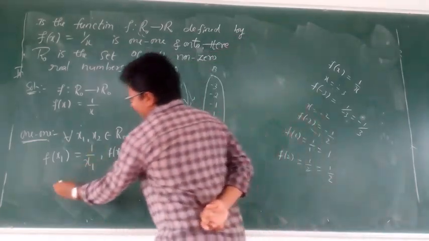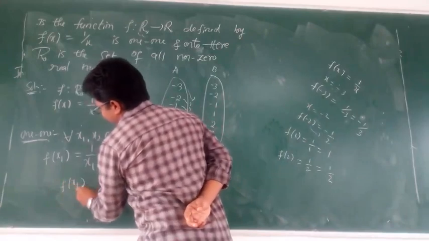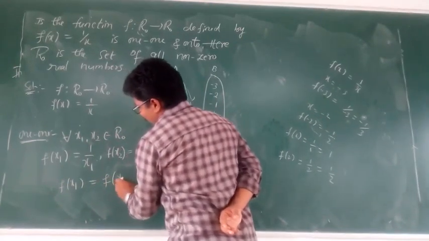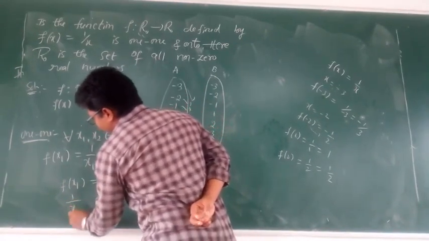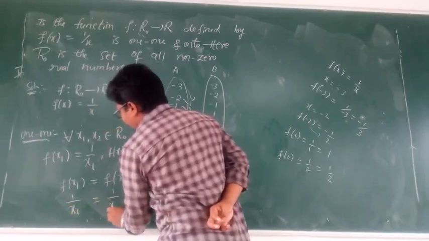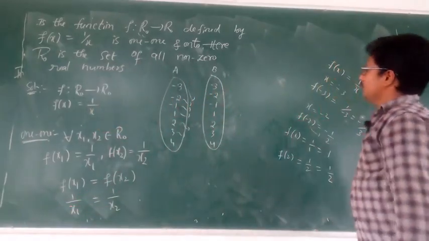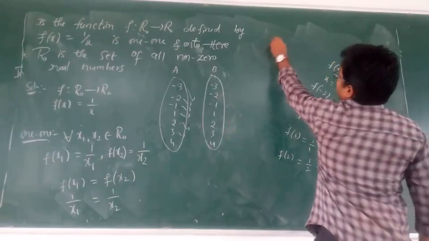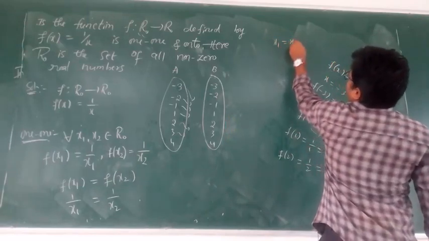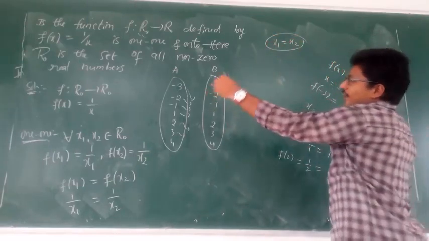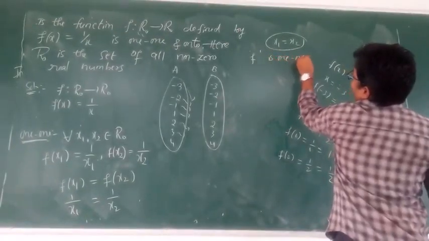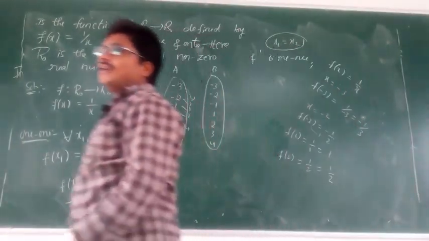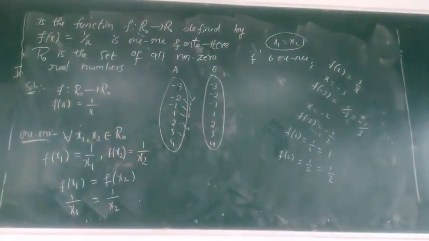We can make f of x1 equal to f of x2, so 1/x1 is equal to 1/x2. Take reciprocal, what happens? x1 is equal to x2 is satisfied. So f is one-one, it is 100% exactly satisfied one-one.